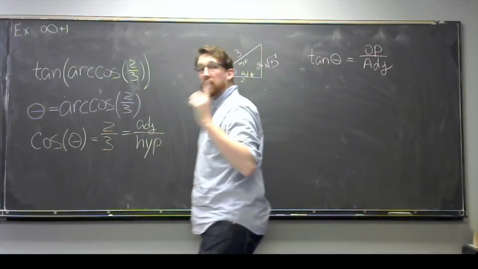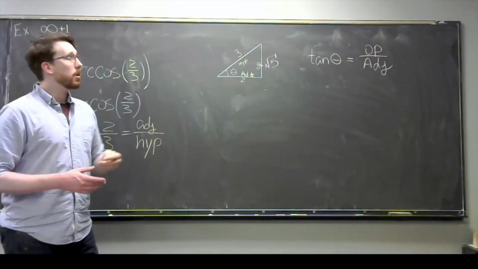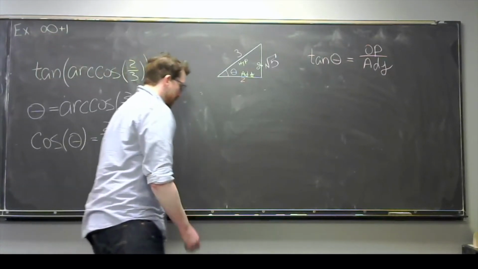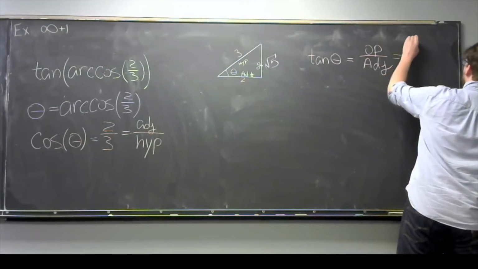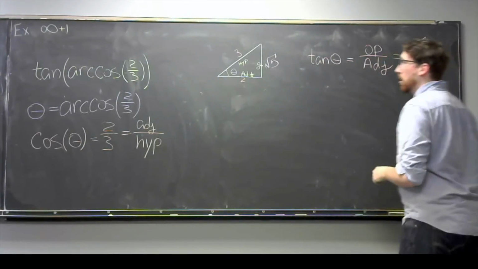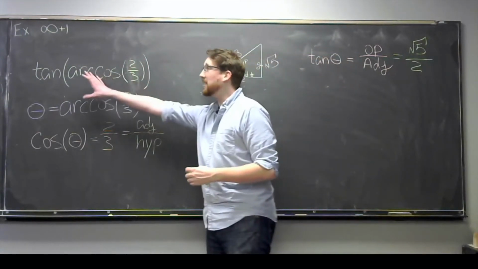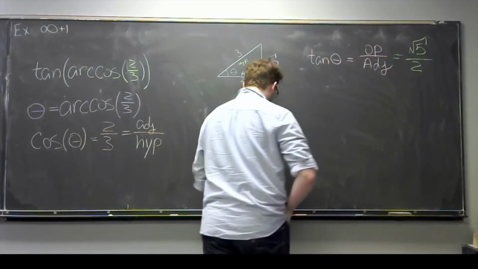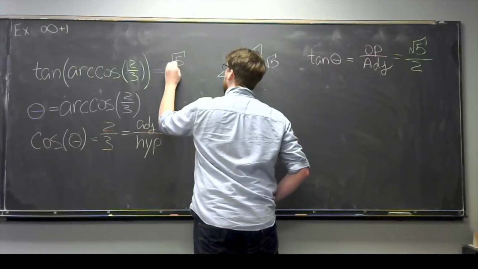Because we were able to find out the length of our adjacent and our opposite edges, we can just throw those in now. Well, the opposite is the square root of 5, and the adjacent had a length of 2. So this whole messy, ugly, terrifying looking thing is actually just the square root of 5 over 2.